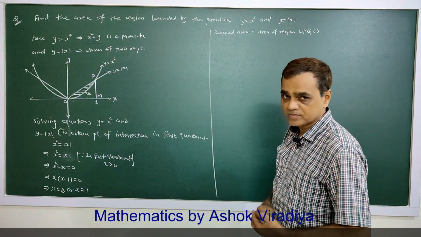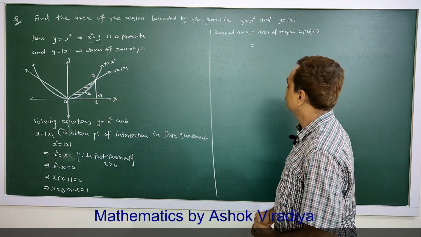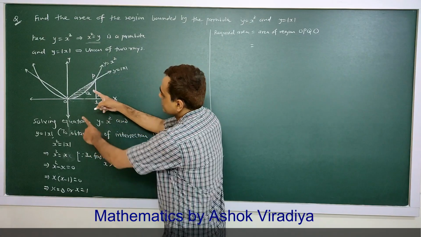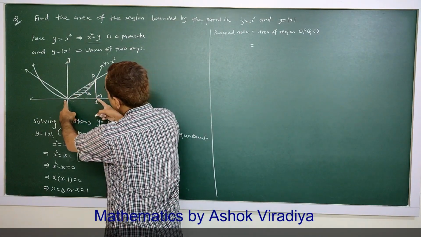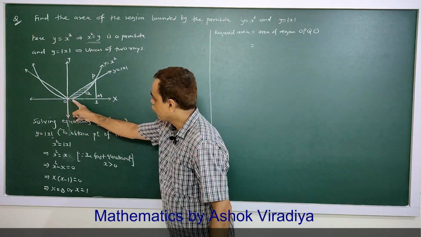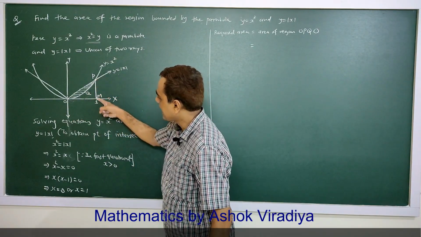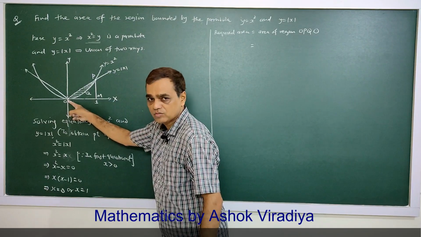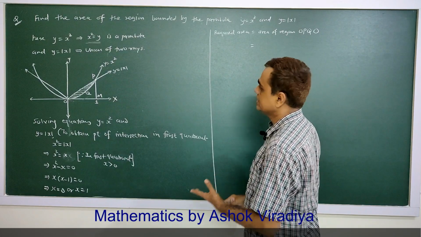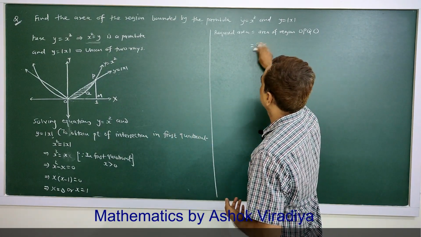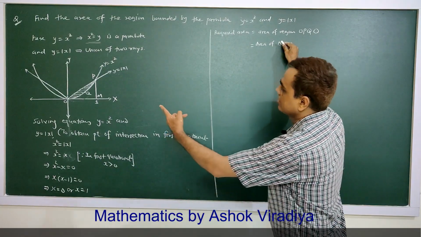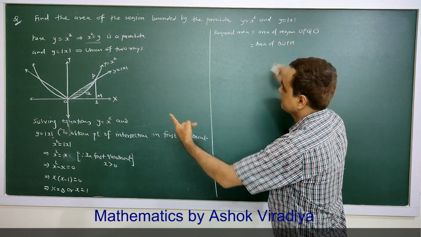This region is equal to the area of triangular region OPM minus the area of region OQPM. So the area of the shaded region is equal to the area of triangle OPM.